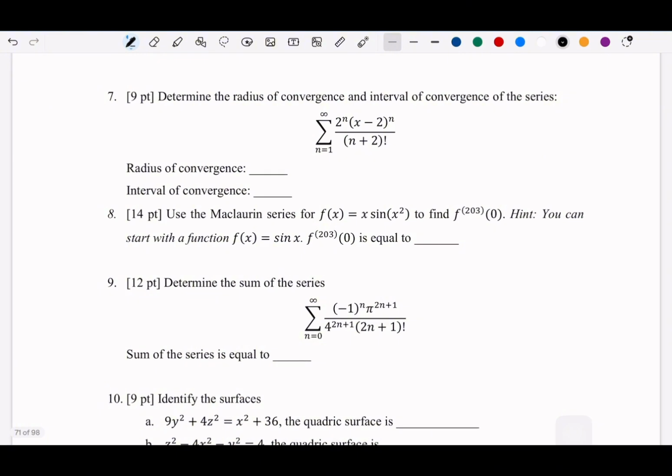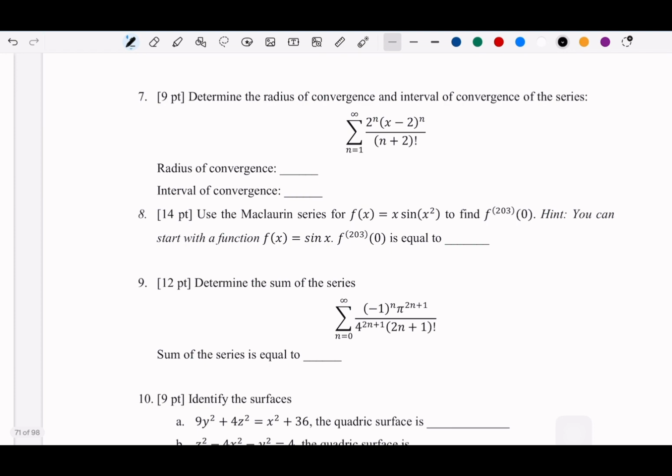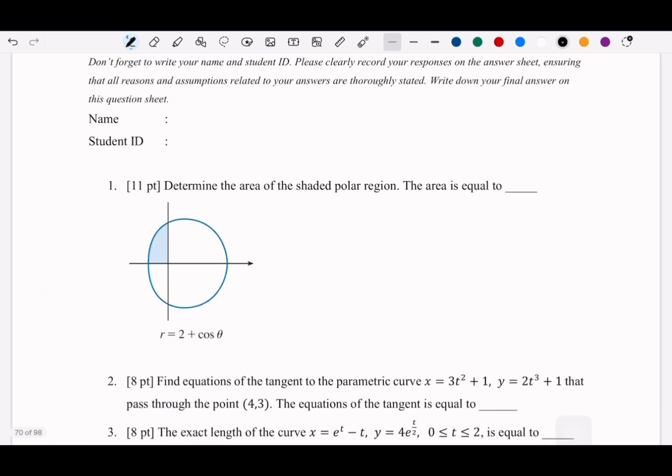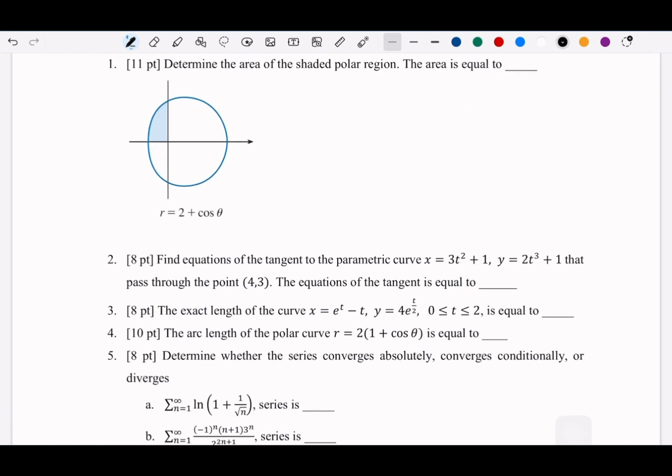What we are going to have as a midterm is chapter 10 and 11. So the parametric, the polar, and the series, until the Taylor-Maclaurin series, including Taylor-Maclaurin. The midterm will be more heavy on chapter 11, maybe 40 percent chapter 10 and 60 percent chapter 11.